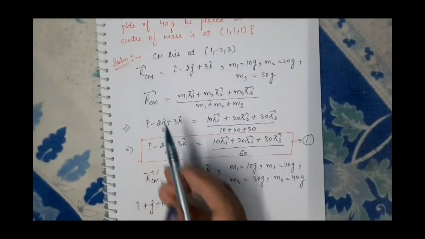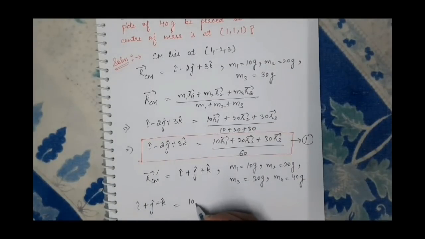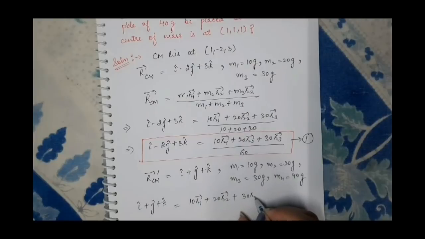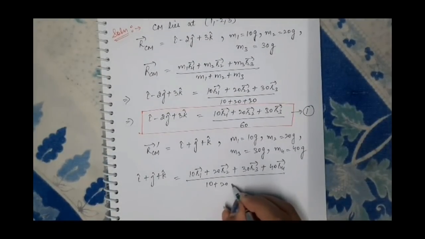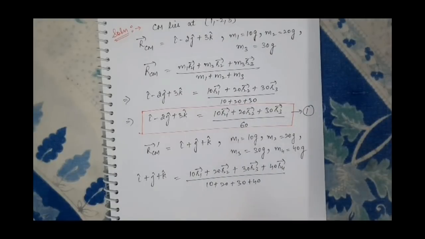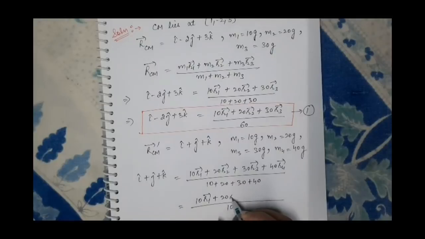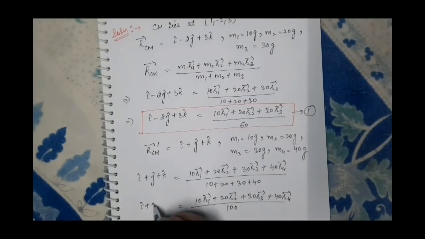Again we are putting into this equation: R dash CM, that is i plus j plus k, will be equal to m1 r1 plus m2 r2 plus m3 r3 plus m4 r4 divided by 10 plus 20 plus 30 plus 40. So it will be 100, 10 r1 plus 20 r2 plus 30 r3 plus 40 r4, equal to i plus j plus k.